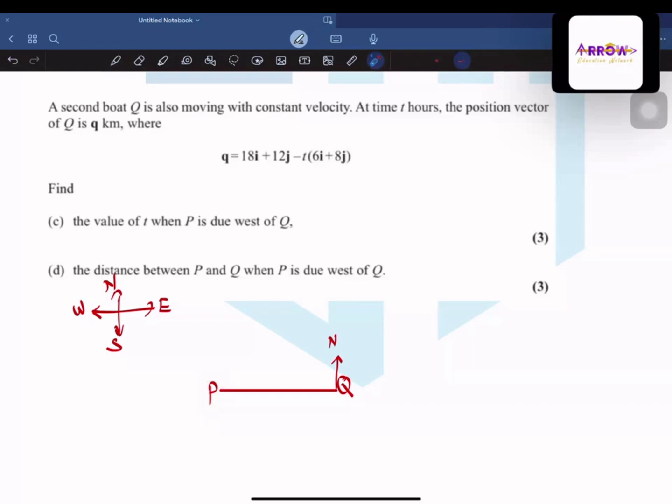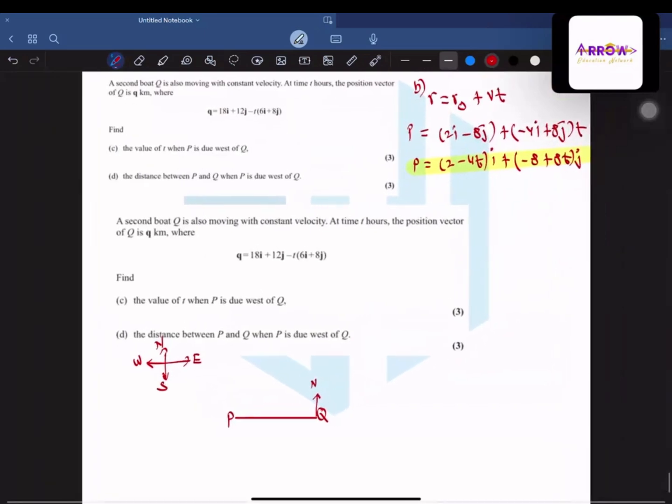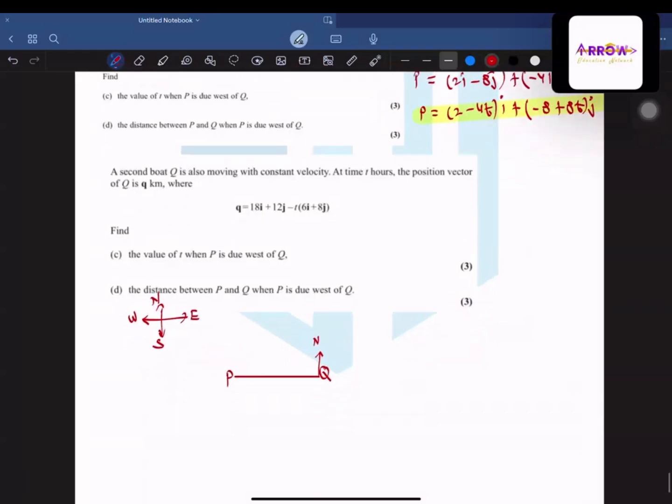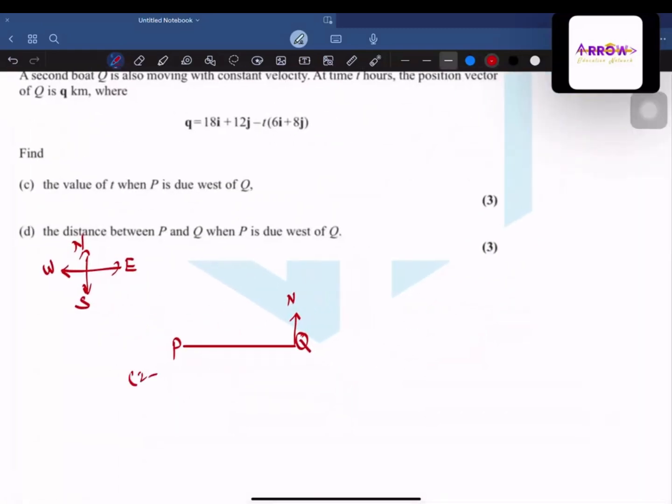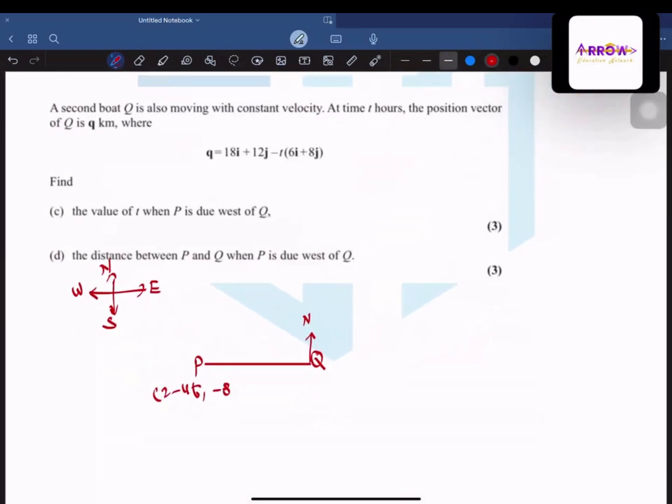Now the fact is that in the previous part, we have found the position vector of boat P, which is (2 minus 4t) into i plus (minus 8 plus 8t) into j. So I can say that the coordinates of boat P at any value of t are (2 minus 4t, minus 8 plus 8t). You just consider this as coordinates, the i and j components respectively.